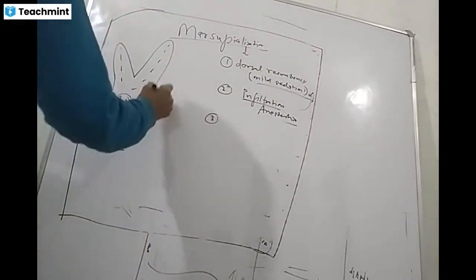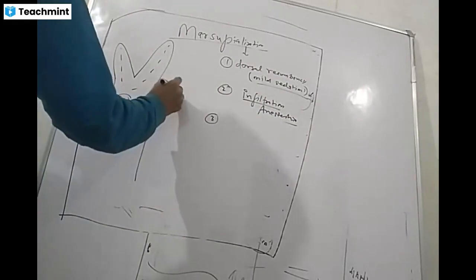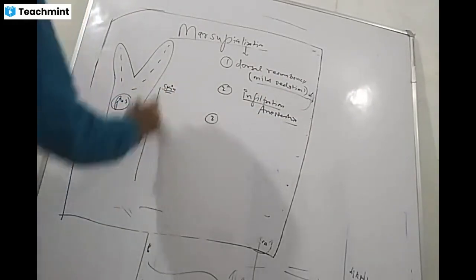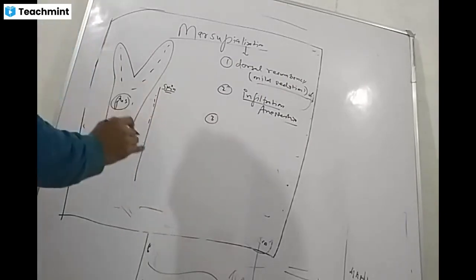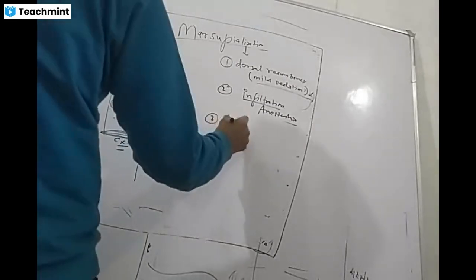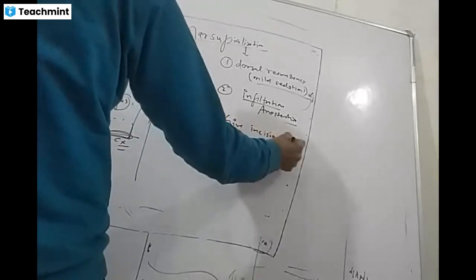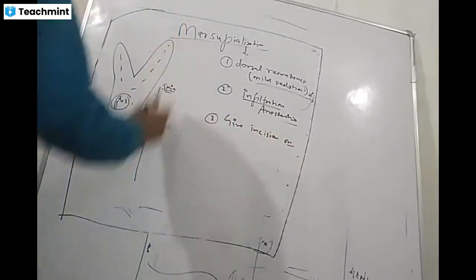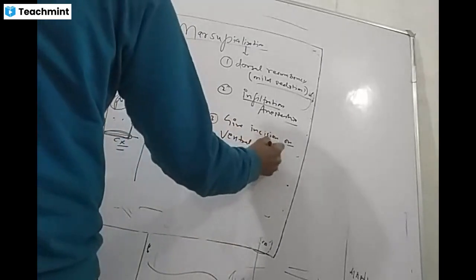If this is the skin at the ventral side, below this there are muscles and all, then you will get the uterus. So what we do, we give an incision on this ventral abdominal wall.